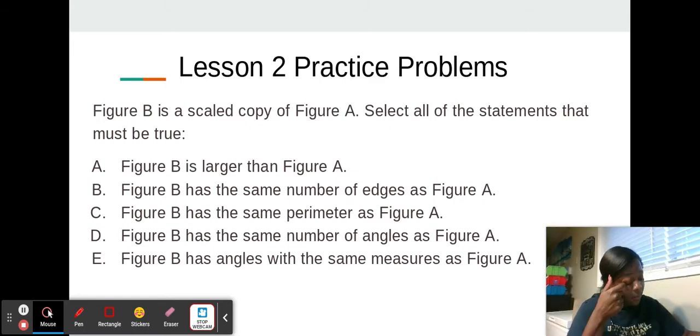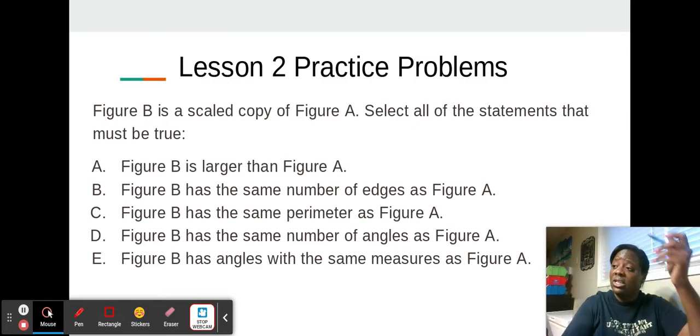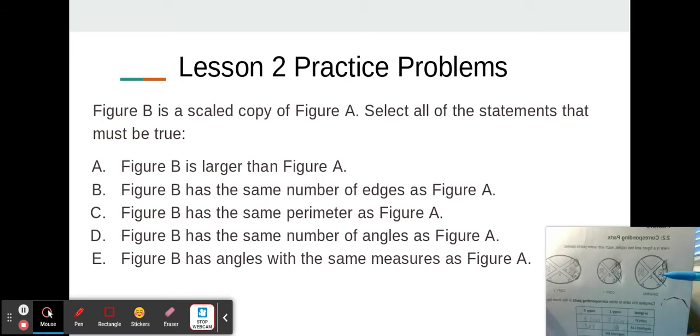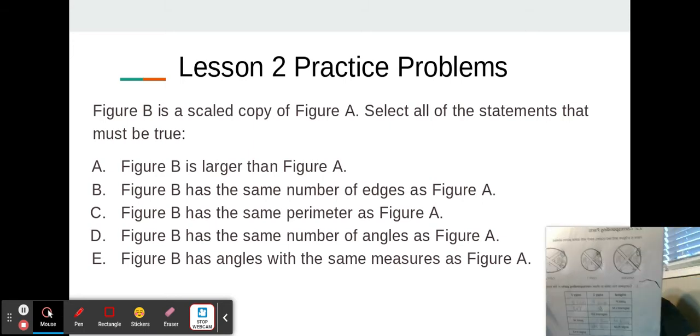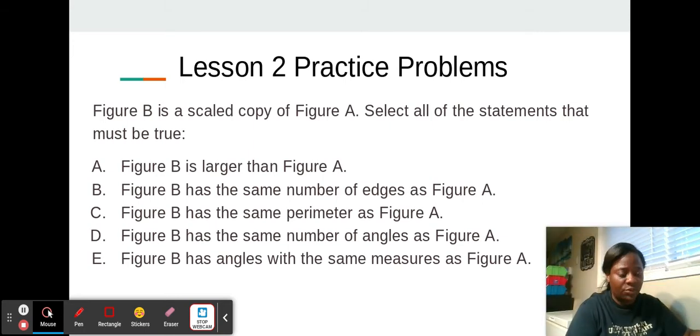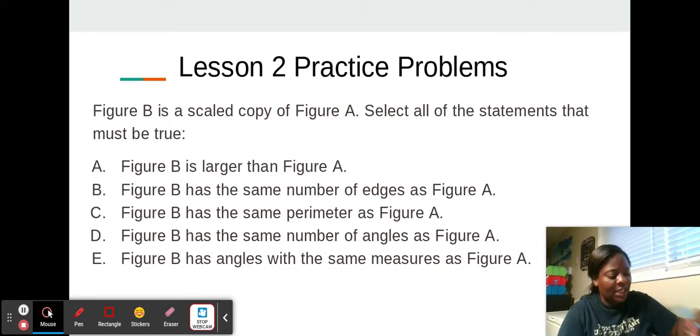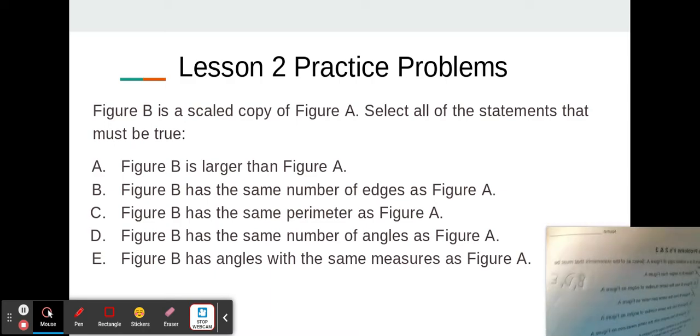So D is in. E says figure B has angles with the same measurements as figure A. Well, that's what this whole lesson was about: the copies have to have the same angles. They have to have the same measurements. So E also goes. So with that, we figure out that B must be true, D must be true, and E must be true.